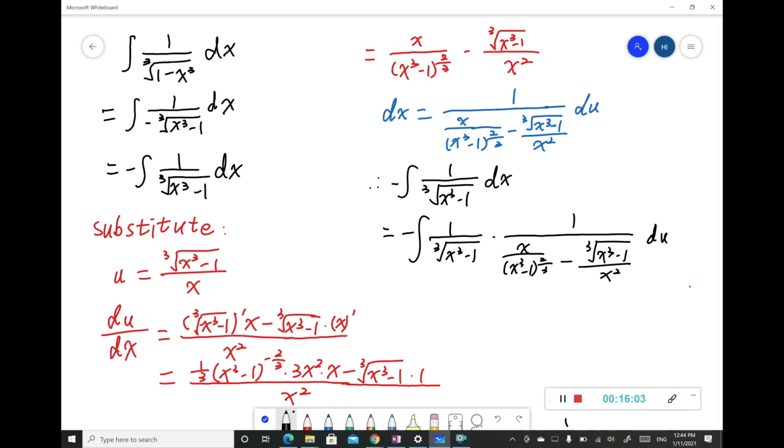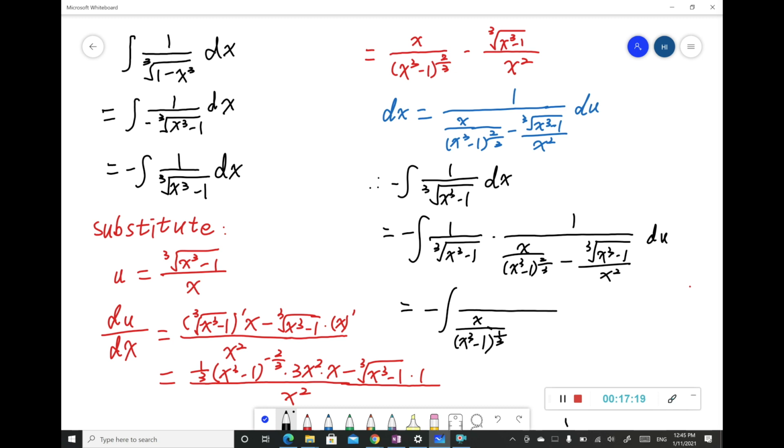So we can find that we could do some cancellation, or some reduction, since they are reducible. So the first item will become x divided by x cubic minus 1, and the power will be 1 divided by 3.